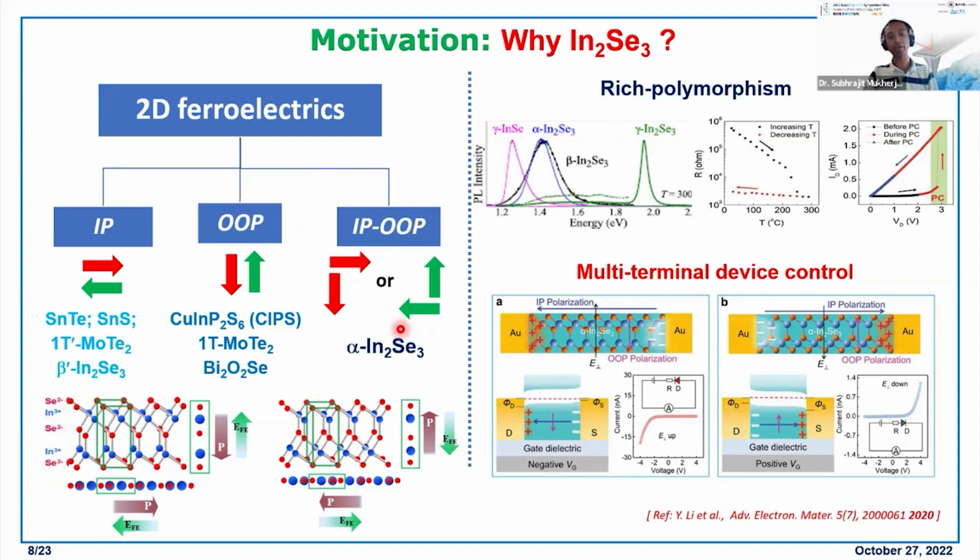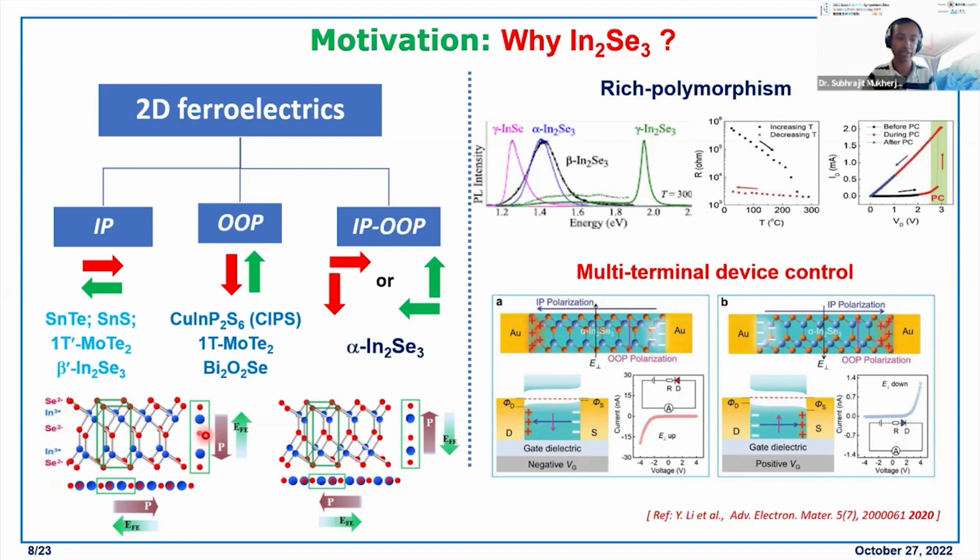In this category, there are many theoretically predicted materials, but only one experimentally demonstrated well, which is alpha phase indium selenide. So here is the crystal structure of indium selenide, where you can see it's a five atomic layer to form a monolayer of indium selenide, and due to this odd number of atoms, you have out-of-plane ferroelectricity depending on the middle selenium layer.